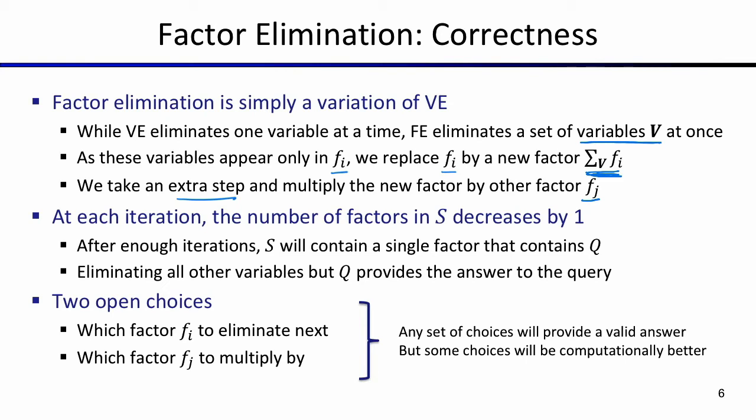Remember that in this factor elimination algorithm, we answer queries in the form of the probability of Q, and Q is a single variable, so that's why we do it this way.